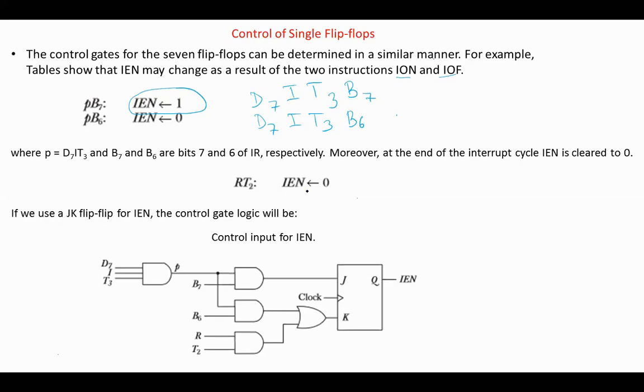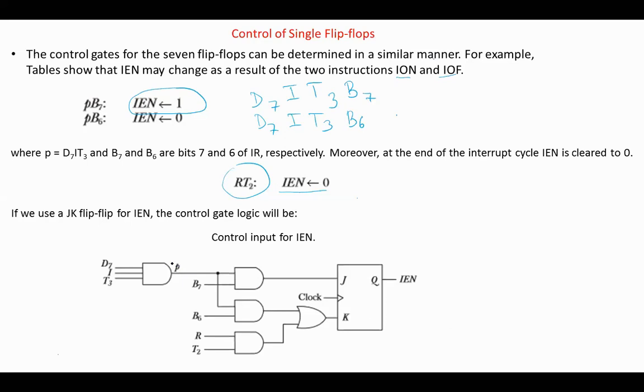Moreover, an interrupt enable is cleared at the end of the interrupt cycle on RT2. If you use a JK flip-flop for interrupt enable, the control gate logic will be as follows.